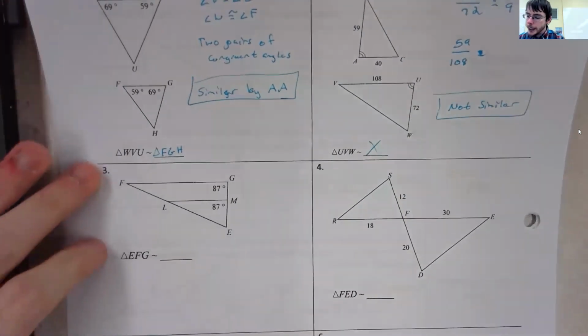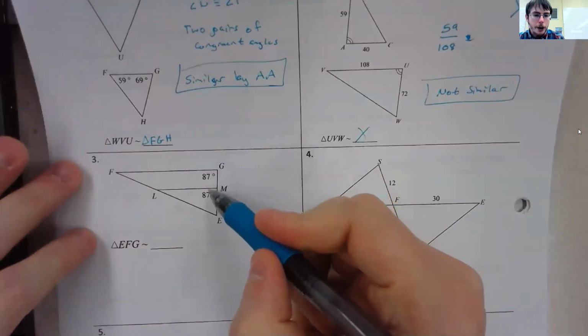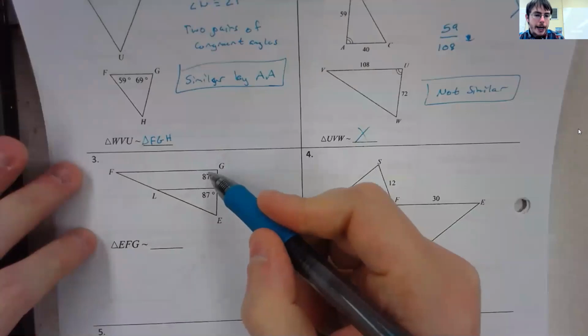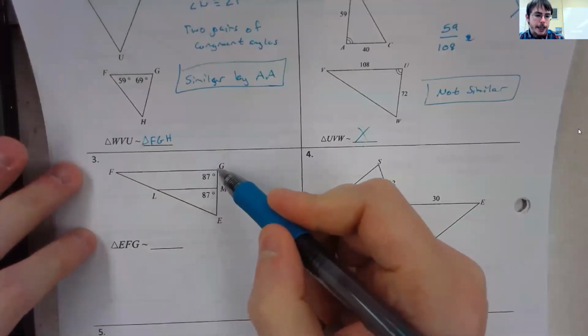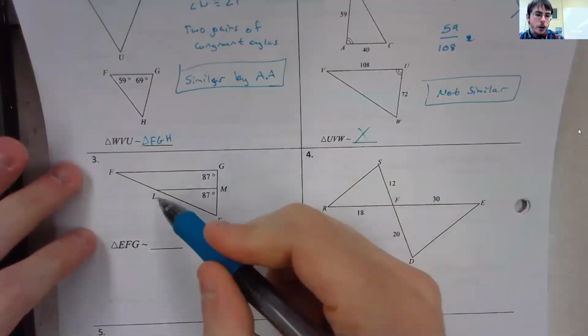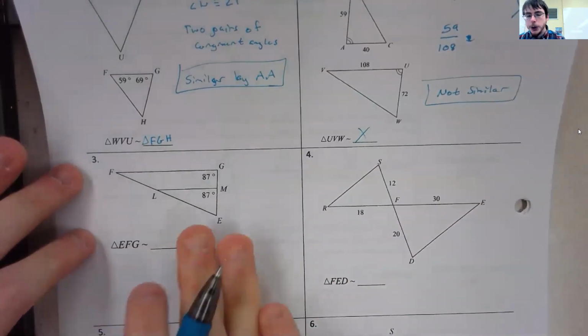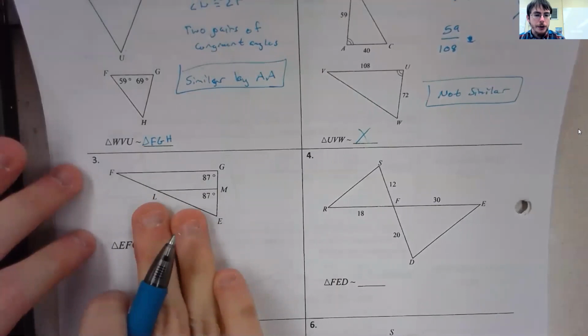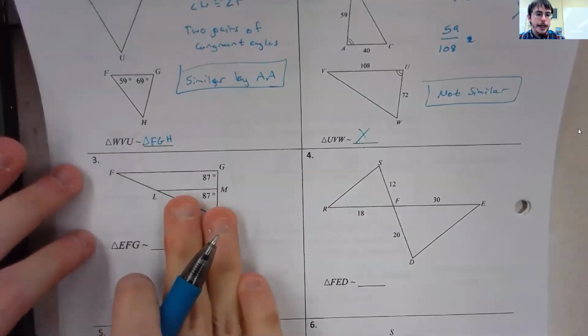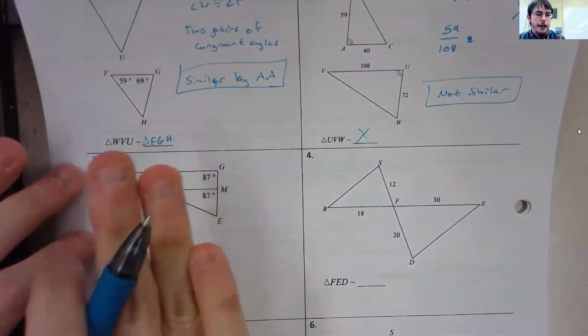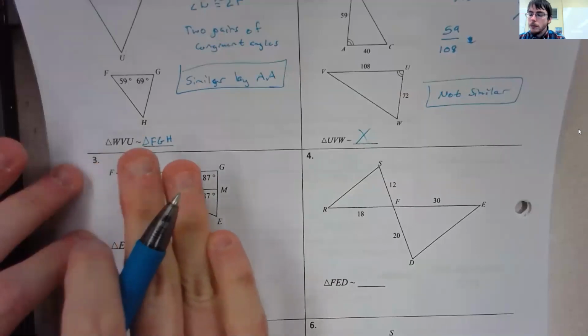Next up, number 3. Number 3, we see that we have one pair of congruent angles at 87 degrees, and that's at angle G and angle LME. Now, here's the thing. These two triangles overlap one another. So we have a small triangle lying on top of a bigger triangle.